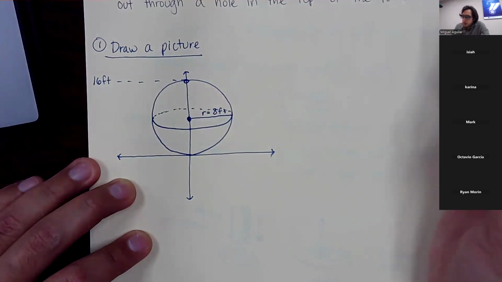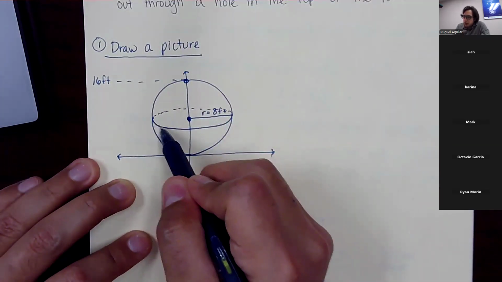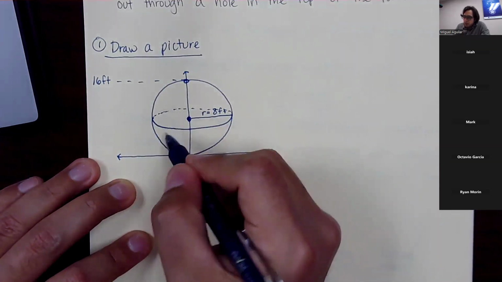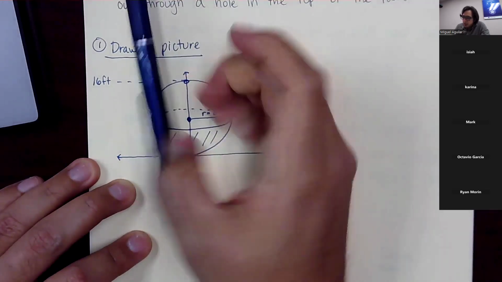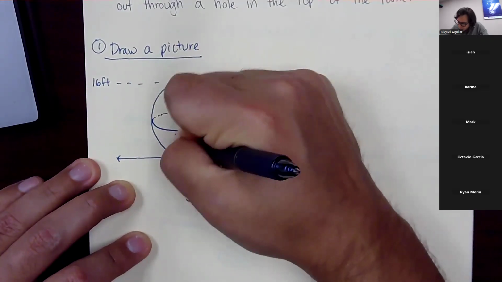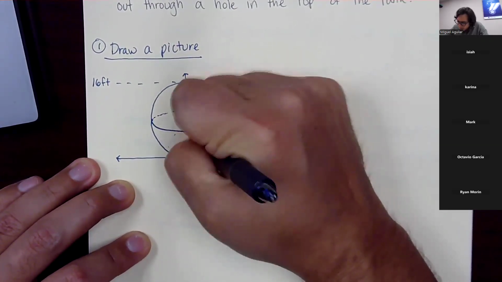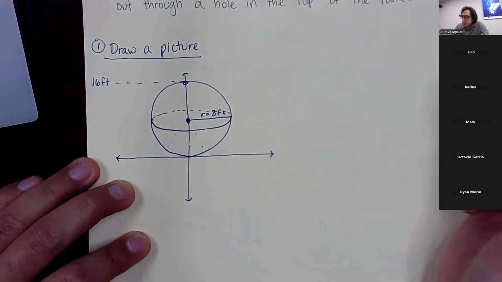Okay. It also says that this thing is halfway full of oil, so that's why I drew this little inner circle here to represent that we have oil all in this area, but I'm not going to shade it in because we might need to draw some more stuff. Okay. I hope I didn't lead you astray as soon as I started doing those shading marks. Okay. And let's think about what they gave to us here.